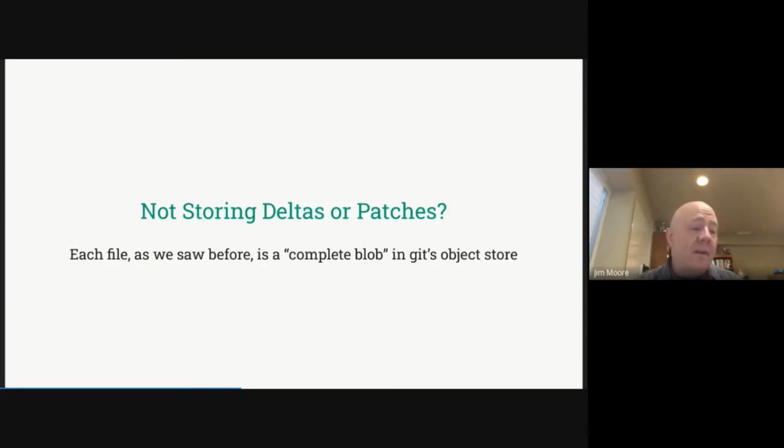Now, one thing that really makes Git stand out from prior revision control systems is that it's not storing deltas, it's not storing patches. If you're familiar with any of those prior ones, that's exactly what they did because it seemed to make sense, especially for older revision control systems before we had terabytes of data on all of our laptops and the rest, you wanted to be a bit more conservative on your space use.